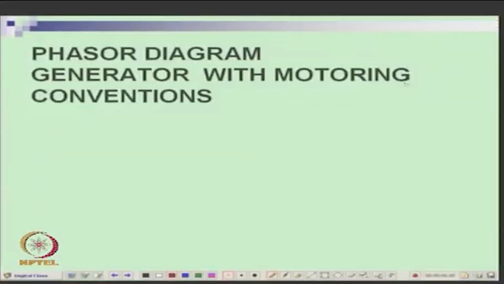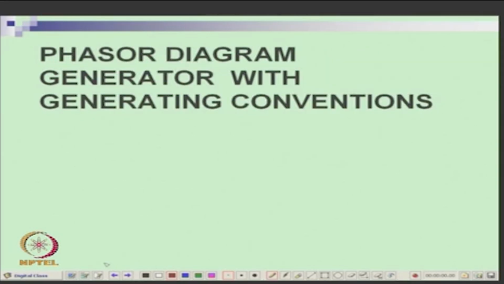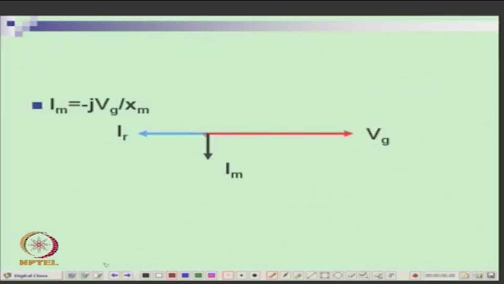Okay. So, we will now redo this phasor diagram of generator with motoring convention and generator convention, both we will see. As motoring convention we will start, we have Vg and IR is opposite to that, which we have already said, and Im is in quadrature, that is minus j Vg by Xm.